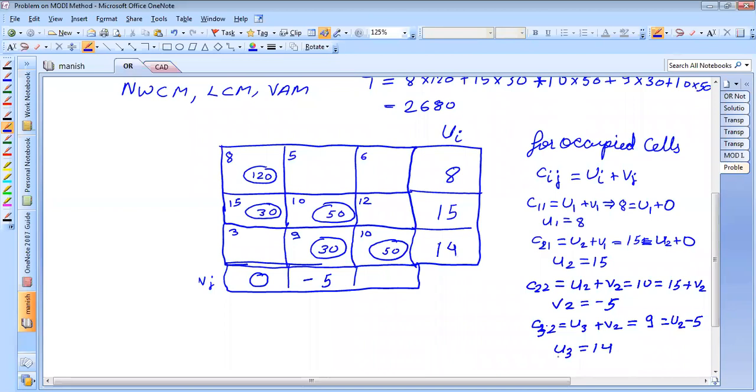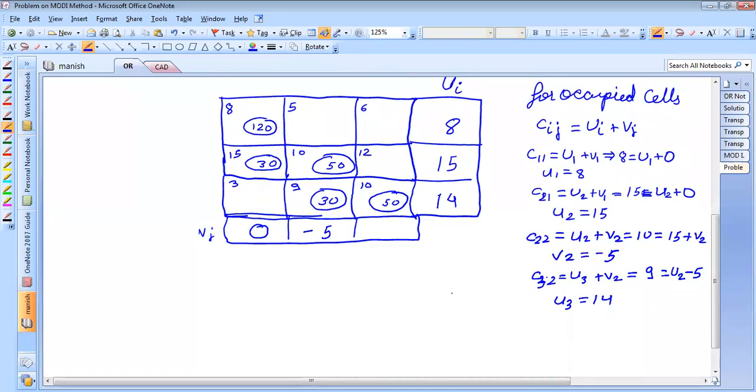U3 will be equal to 14. Similarly, C33 will be equal to U3 plus V3, implying that 10 is equal to 14 plus V3, implying that V3 is equal to minus 4. Correct?